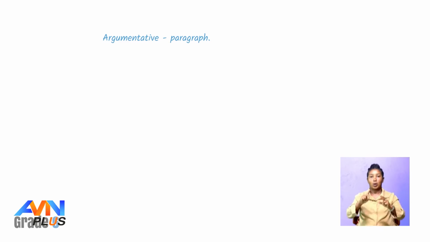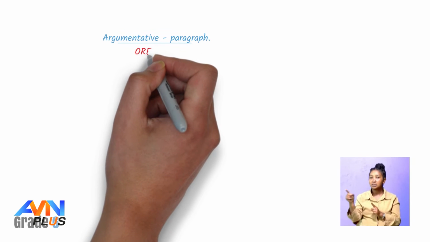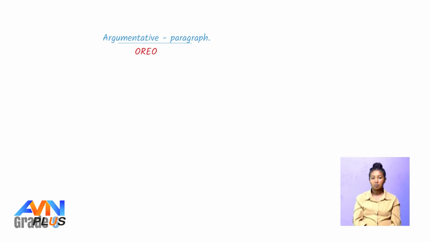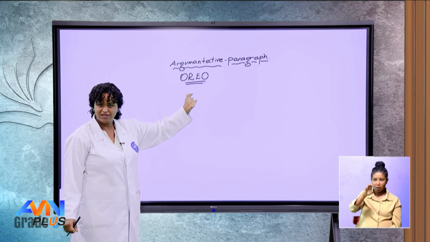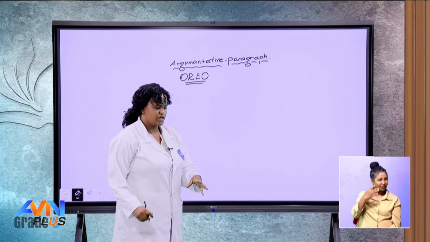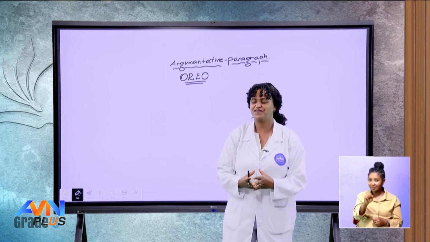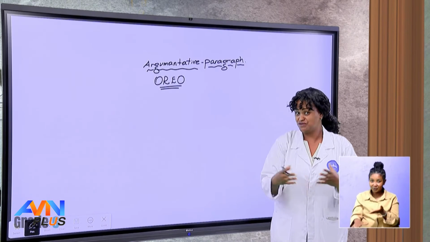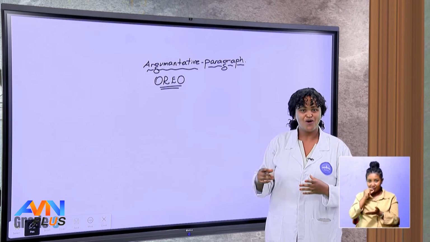Okay. Let me ask you one question. What do we call this word? What is it called? What is it saying? It says Oreo. Have you ever eaten a biscuit named Oreo? Yes, you do. It's very common, yeah? We can find it simply in every shop. Oreo biscuits, Oreo cookies.